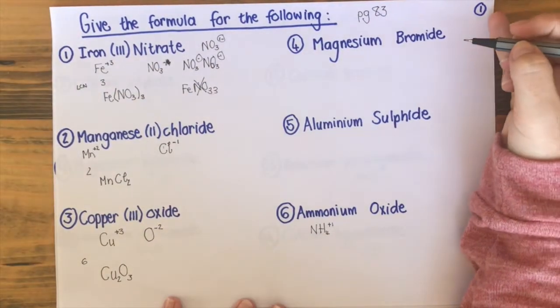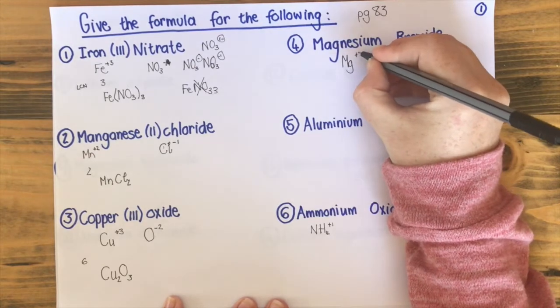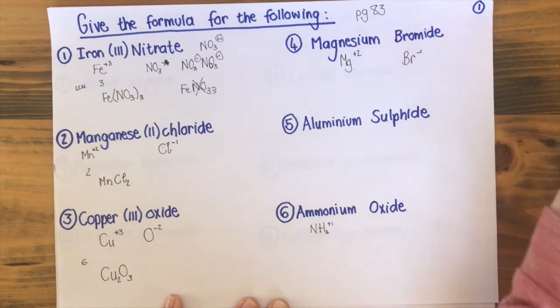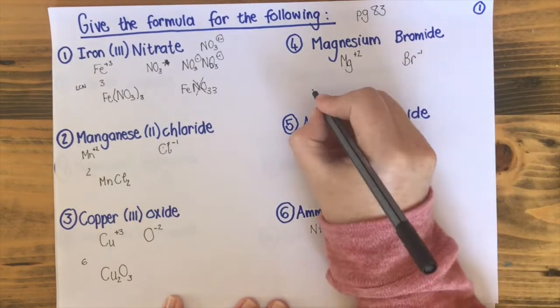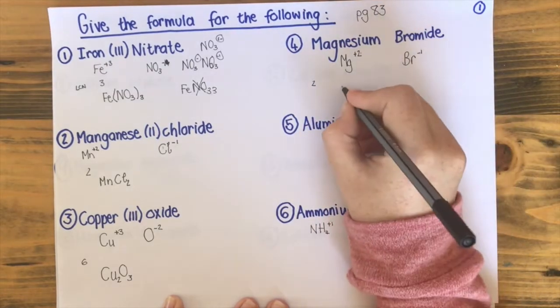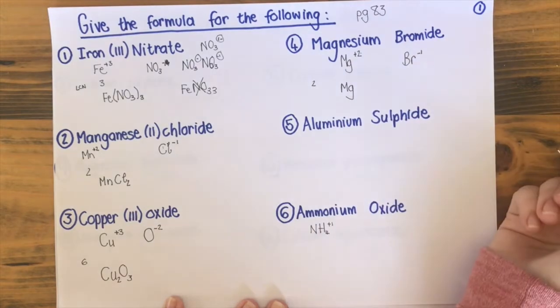Number 4, magnesium bromide. Magnesium is in group 2, so it has a charge of +2. Bromide has a charge of -1. The lowest common number here is 2. 2 goes into 2 once, so there will be 1 magnesium present. As always, you do not write that 1.